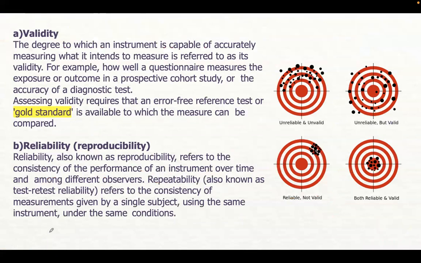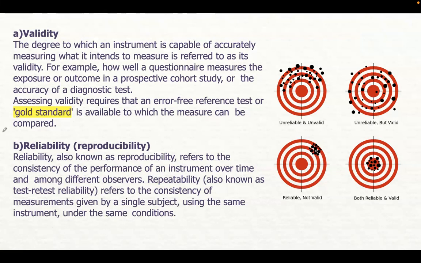Okay, so if ever na may ma-encounter tayo na mga errors, katulad ng mga nabanggit natin kanina, like yung ating random errors, it will surely affect the result of our conducted study. It will surely affect number one, the validity of the study and the reliability of the study. Okay, for the validity, it is the degree to which an instrument is capable of accurately measuring what it intends to measure.